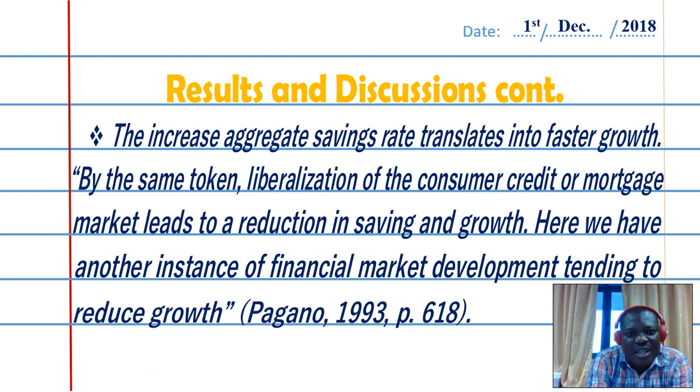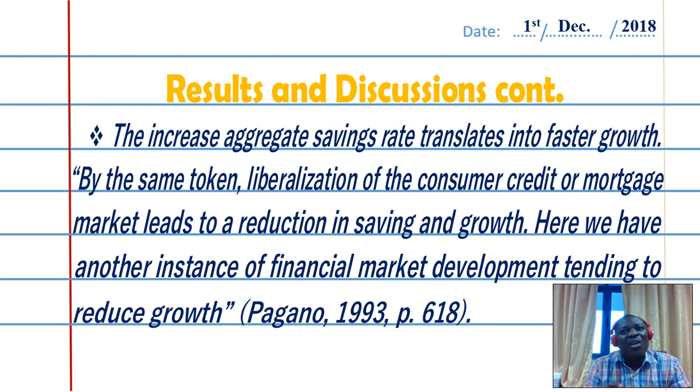Now, the increase in aggregate savings rate translates into faster growth. By the same token, liberalization of the consumer credit or mortgage market leads to a reduction in saving and growth, or savings growth. Here we have another instance of financial market development tending to reduce growth. What it means is that savings growth is reducing as a result of access to credit.